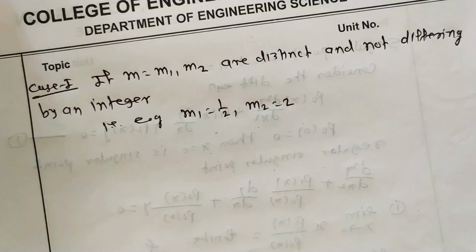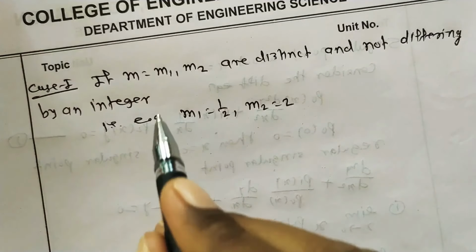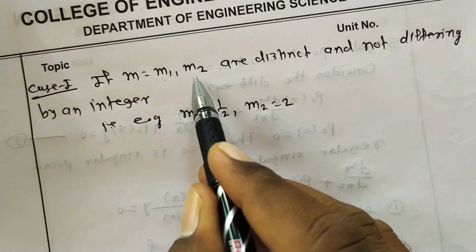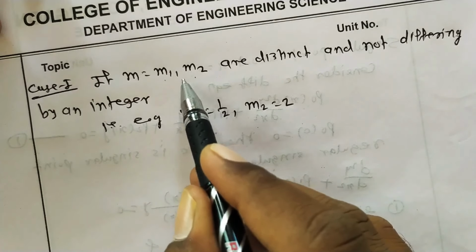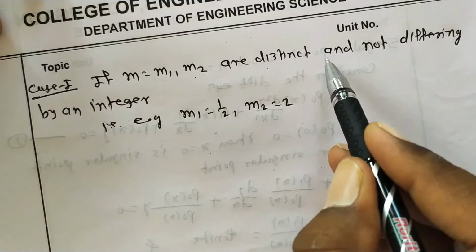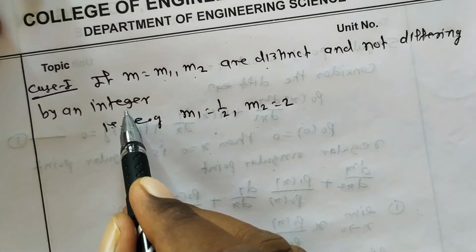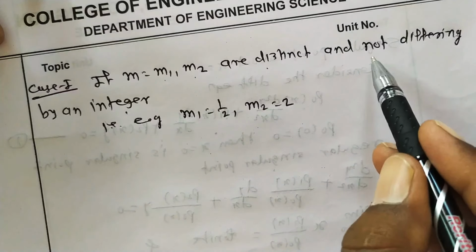Case 1 is, suppose we get two values of m, the first value is m1 and the second value is m2, and those two values are distinct and not differing by an integer. Not differing by an integer is very important.